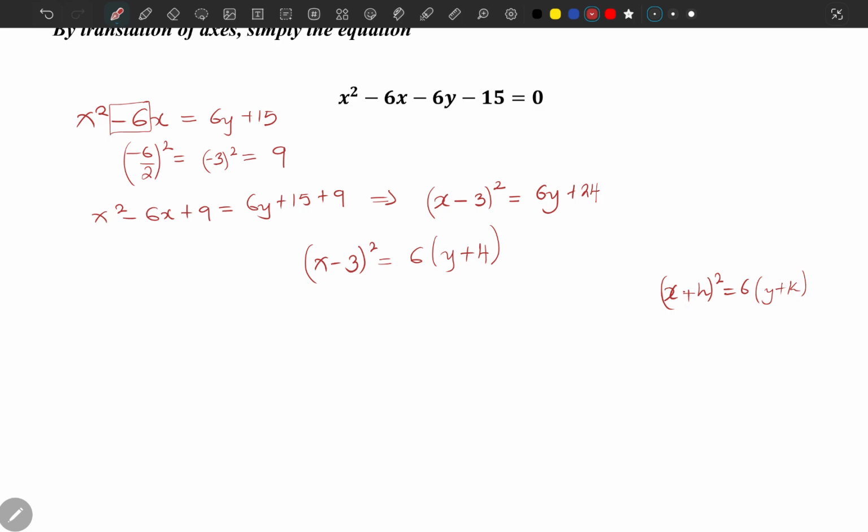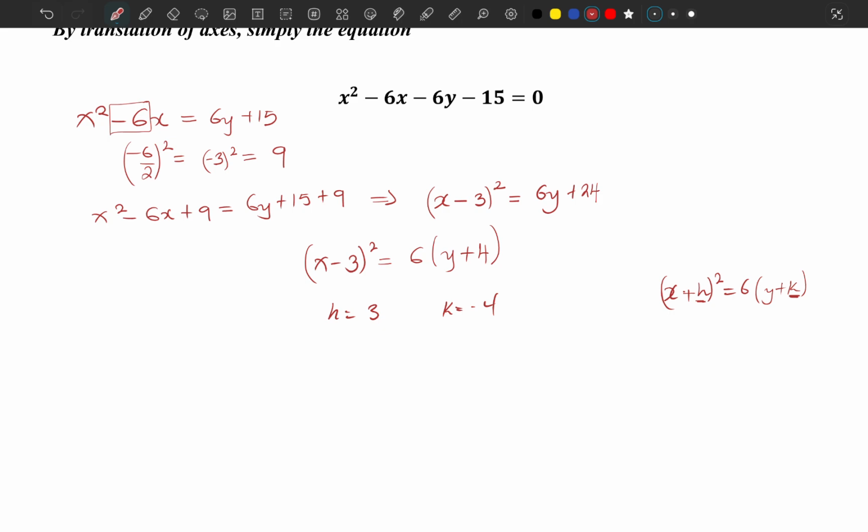Something like that, where our h is this value here and our k is that value there, which we can easily find. We say our h here is 3 and our k here is negative 4. Just get everything and equate to 0.